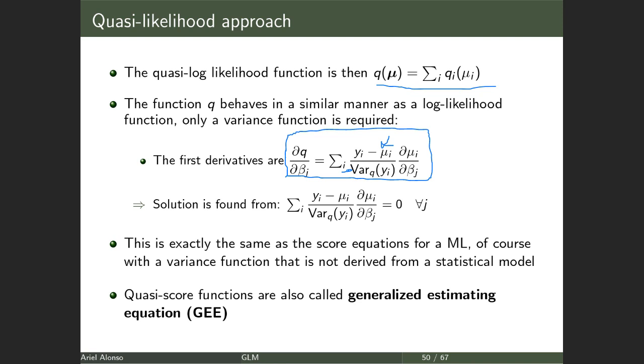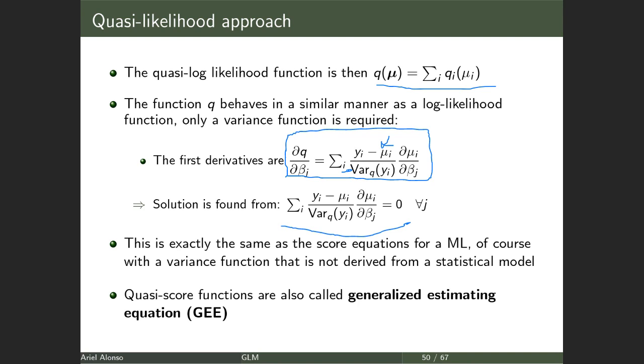Now, this is exactly the same structure you get with the score function coming from maximum likelihood. The difference is that the variance function now is not derived from a statistical model. It's not derived from, for instance, the exponential family. It's something you're specifying yourself. So this type of equations over here are called quasi-score functions, quasi-likelihood.